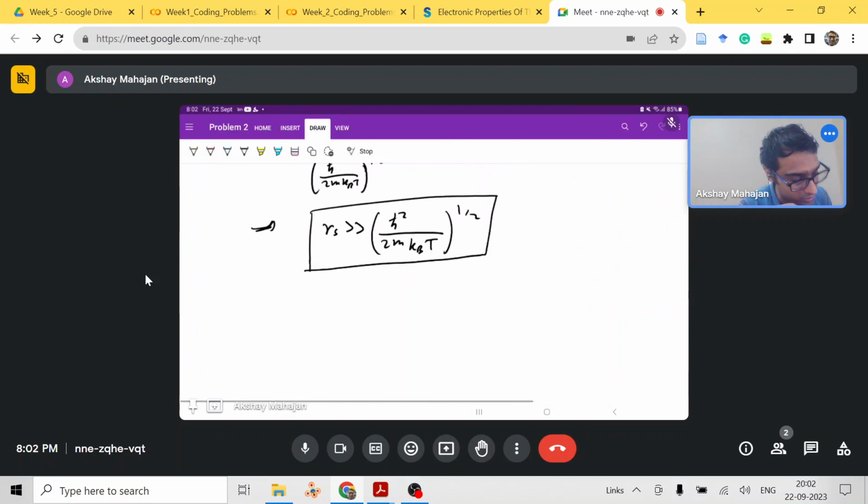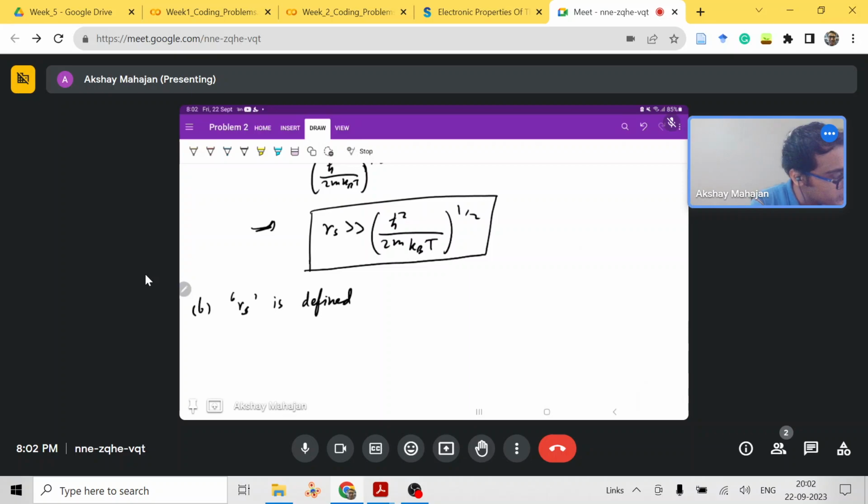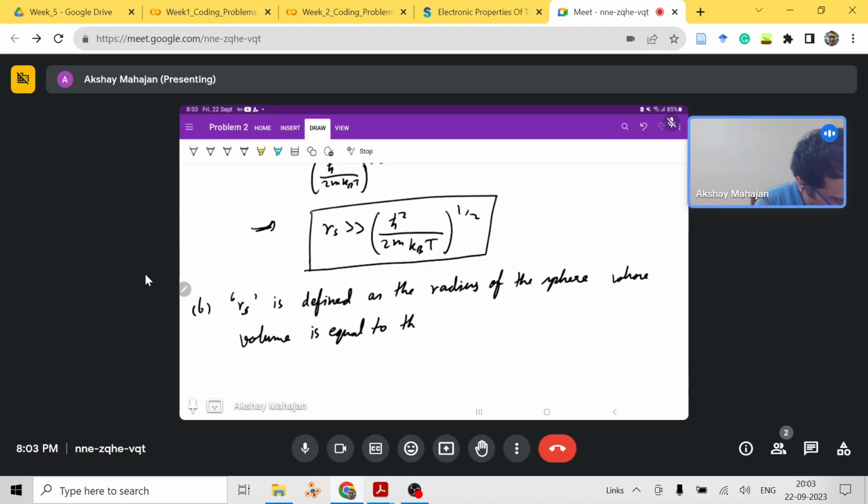Now what is the significance of this rs value that we have found? Here rs is defined as the radius of the sphere whose volume is equal to the volume per conduction electron.